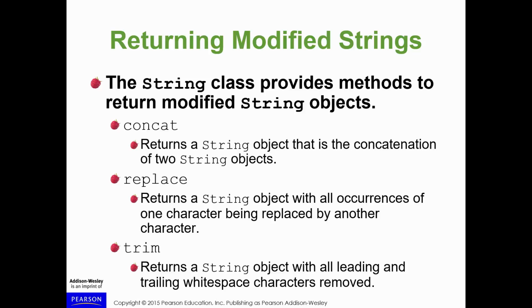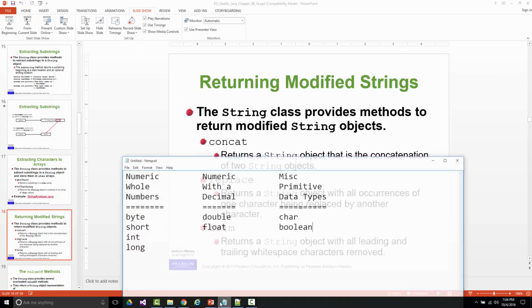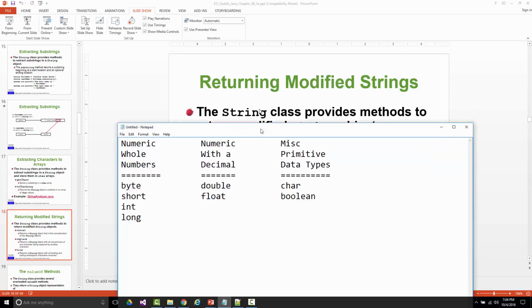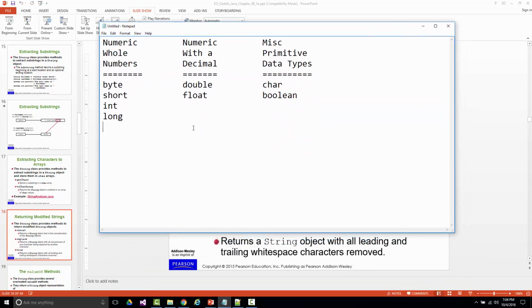replace. We're all used to using word processing packages that have search and replace. trim is a big one. trim removes leading and trailing spaces. And just so you see this, and you probably get it already, but I just want to mention it to you. Let's say there's a prompt on the screen that says, enter your name.